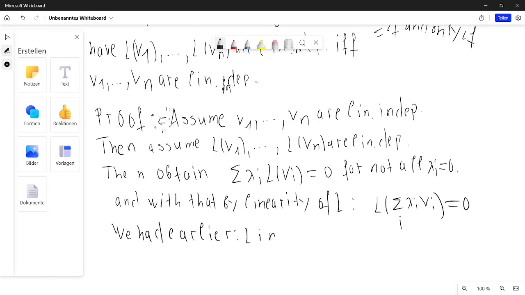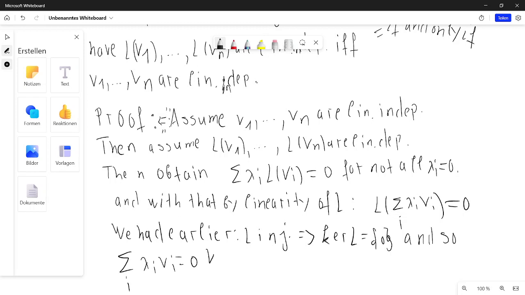L injective implies kernel of L is equal to 0. And so this vector is in the kernel by definition of the kernel because it is mapped to 0. And so the sum of lambda i, vi is 0, which contradicts the linear independence of the vi's.